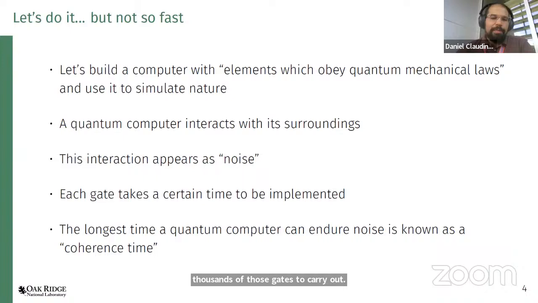The more time it takes, the more susceptible your quantum computer is to the effect of the surroundings. The longest that your computer can endure this noise and still render some meaningful results is what we refer to as coherence time. So we are tasked to come up with ways that we can get some meaningful answers out of the computer within this coherence time.